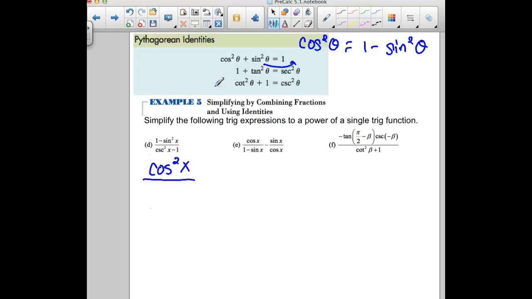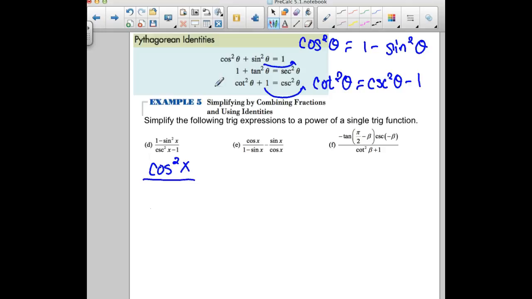All right, looking at the denominator involves a cosecant squared. So looking at our Pythagorean identity on the bottom there that has the cosecant in it, I'm looking for cosecant squared minus 1. So if I subtract the 1 over here, I have cotangent squared theta equals cosecant squared theta minus 1. And that's what I have as my denominator.